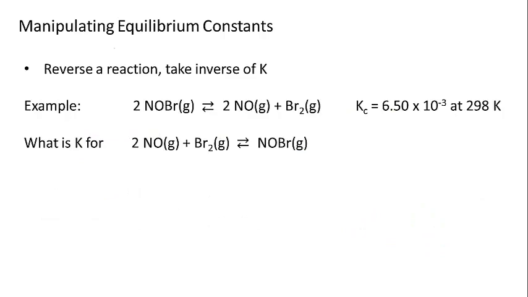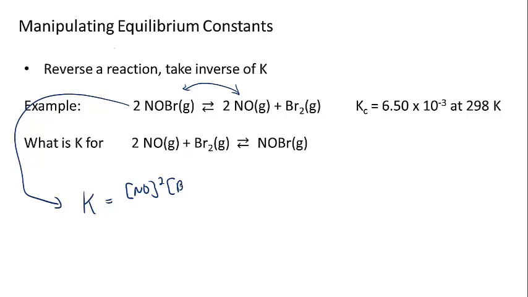Next, we're going to look at reversing a reaction. So we take the same reaction, same K, and we've turned it around. We've switched the products and the reactants. So it makes sense that we would take the inverse, because K for the first reaction is going to equal the concentration of NO squared times the concentration of Br2 over the concentration of NOBr.